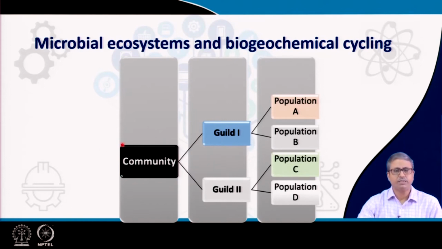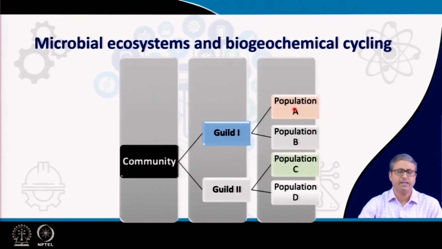As you can understand, in any ecosystem we have multiple habitats, and within the habitats we have numerous microbial populations. For example, we have taken 4 populations. These populations, A, B, C, D, are marked, and each of these populations is represented by a group of microbial organisms which belong to the same species.